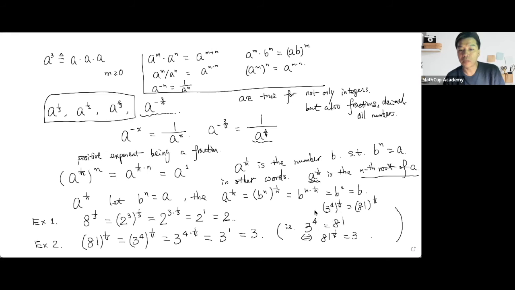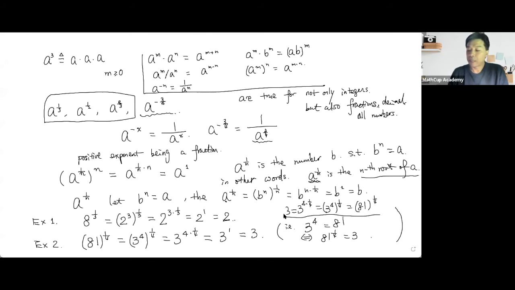This is equivalent to this. And the left side, 3 to the power 4 times 1 over 4, is equal to 3. So we have the definition: 81 to the power 1/4 is equal to 3.